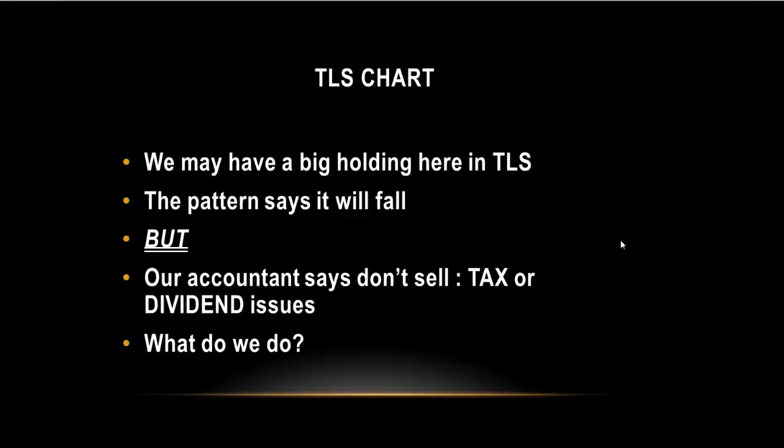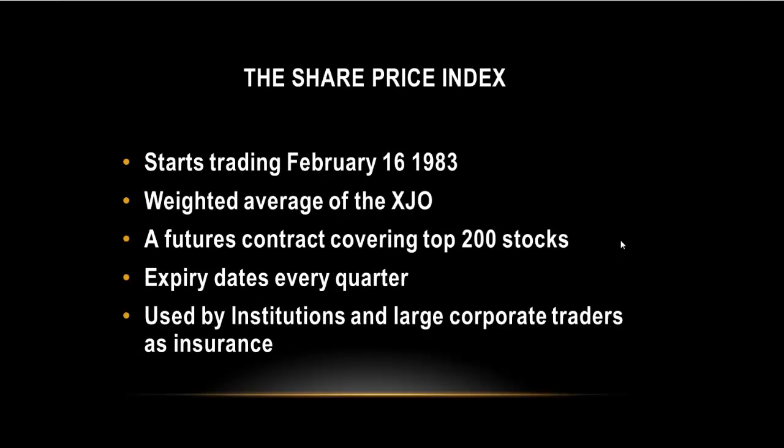So what can we do? We can sit back and just watch the value of our portfolio decline, or we can take insurance out on our portfolio, and that's what we do with the share price index.